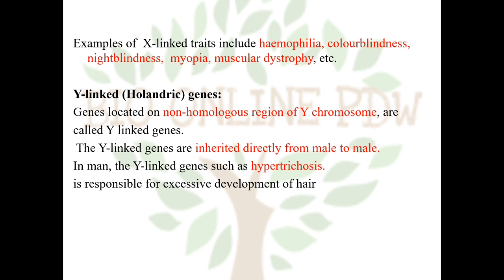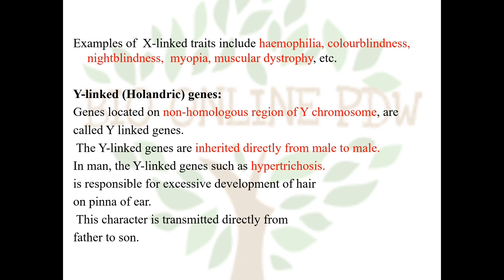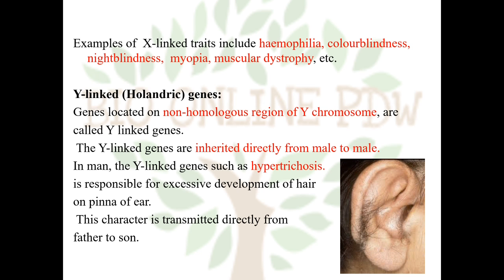Hypertrichosis is responsible for excessive development of hair on the pinna of the ear. This character is transmitted directly from father to son. In the diagram you can see the presence of a hair tuft on the pinna of the ear, which is called hypertrichosis.